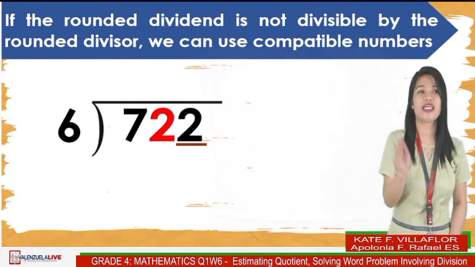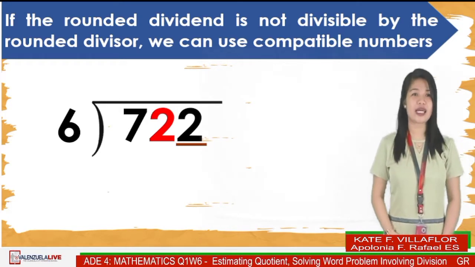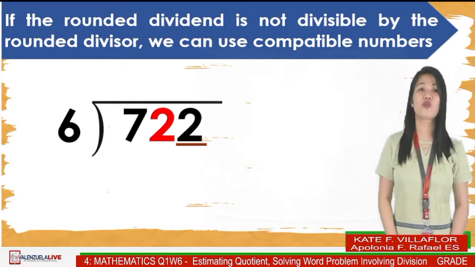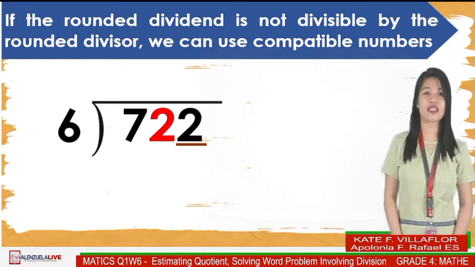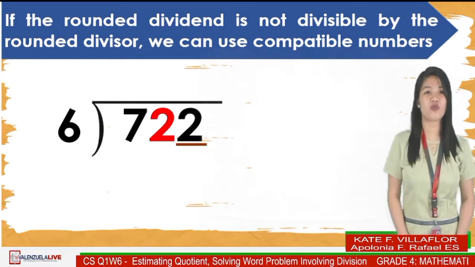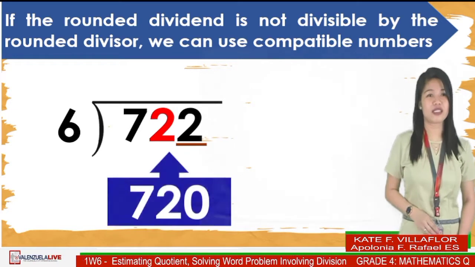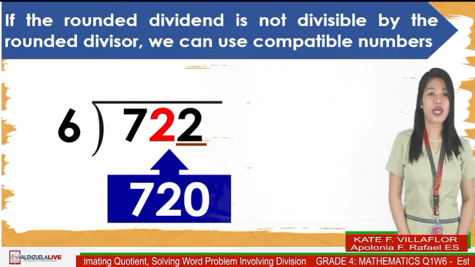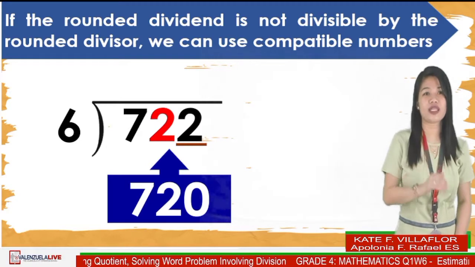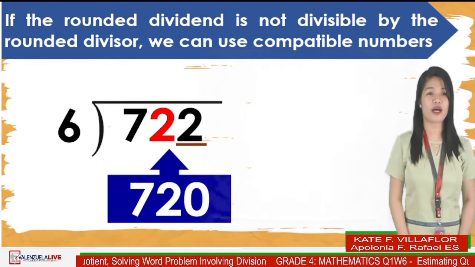Remember, if the digit to the right is less than 5, the digit will remain the same. And if the digit to the right is 5 or greater, the digit will add 1. Since the digit is 2, it remains the same, so the answer is 720, or the digit 2 will become 0.